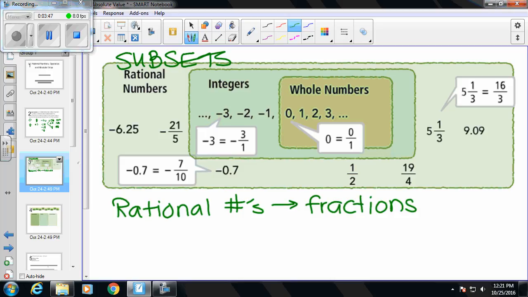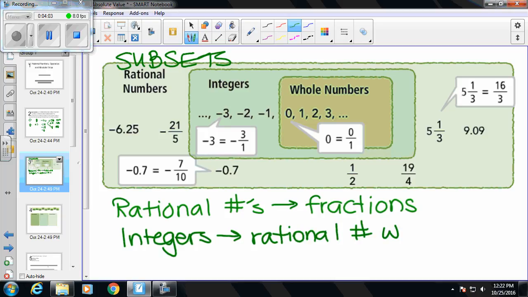Okay? Integers are special rational numbers. Integers are rational numbers whose denominator is 1.